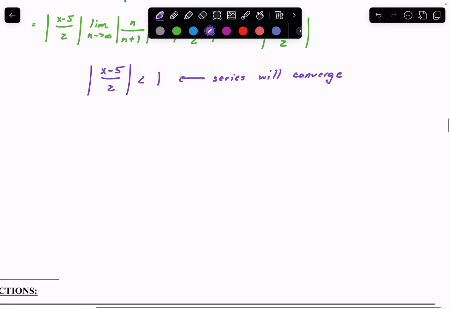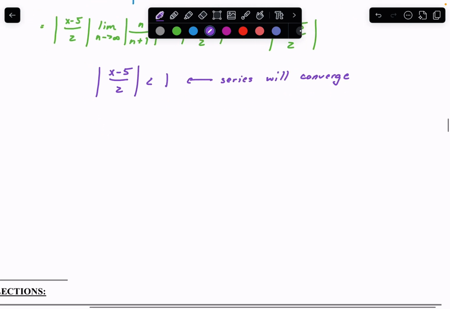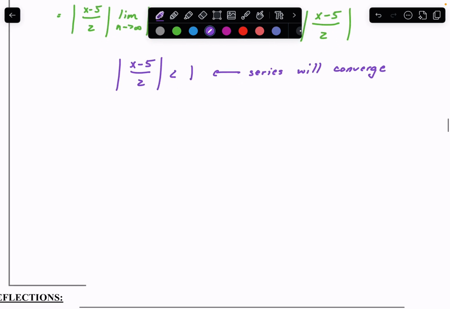So now the job is to solve. Okay, so I'm going to solve this. There are a couple of ways that you can do this, but basically, remember the absolute value of x is the same as the negative and positive, right? So there's a negative feature here. So just setting this less than 1 isn't enough. You have to say, okay, well, the negative is also part of that.